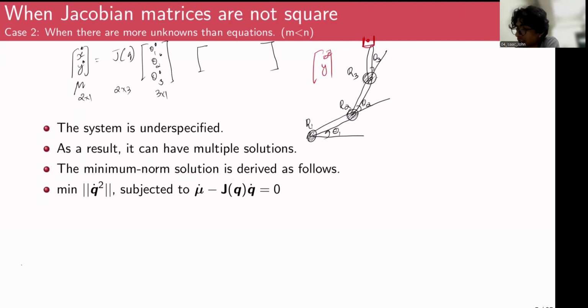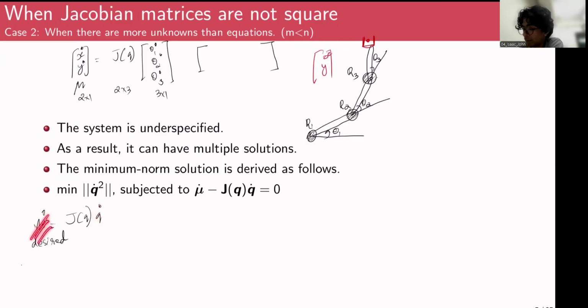So our objective is to find this theta 1 dot, theta 2 dot, theta 3 dot, such that mu dot is equal to a Jacobian times q dot. For any desired task space velocity mu dot, you have to find this q dot.